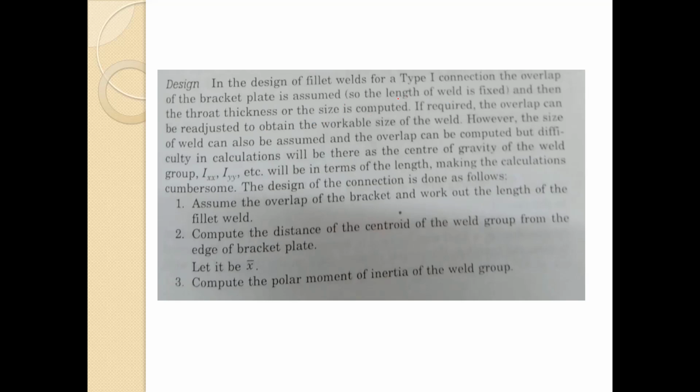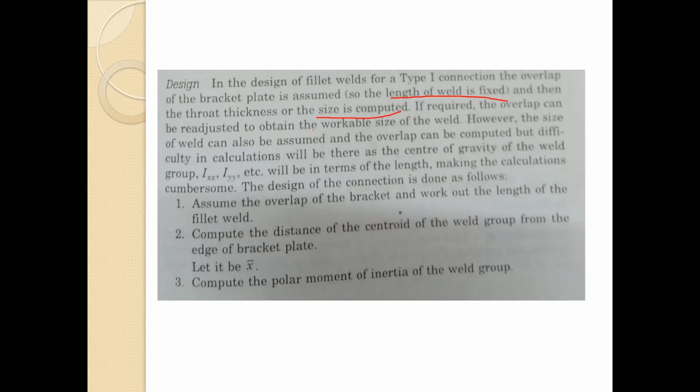So first we are fixing the length of the weld, and then we are going to compute the size. If required, the overlap can be readjusted. So if the size is not available, or for higher size also the design is not sufficient, we can readjust the overlap and obtain the workable size of the weld.